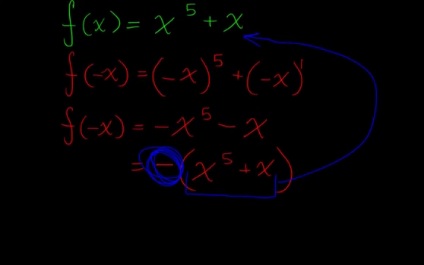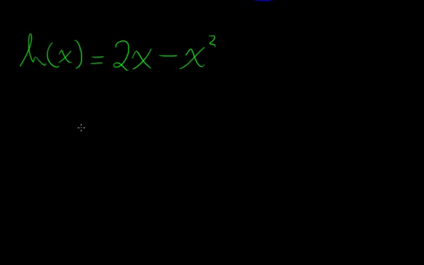Okay. And then there are cases when you will have neither. An example being, let's do h of x, because no one ever does h of x anymore. 2x minus x squared. And all these equations that I'm writing down are examples from example 11 in the book if you're following along. So let's plug in negative x.